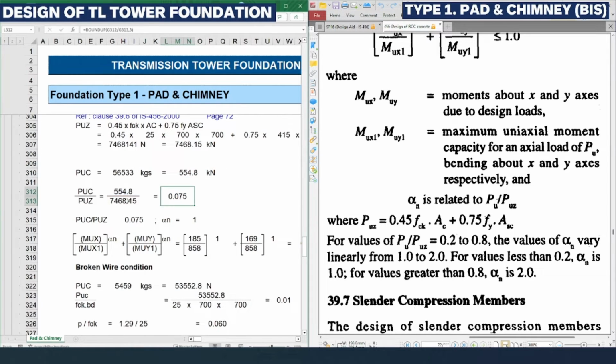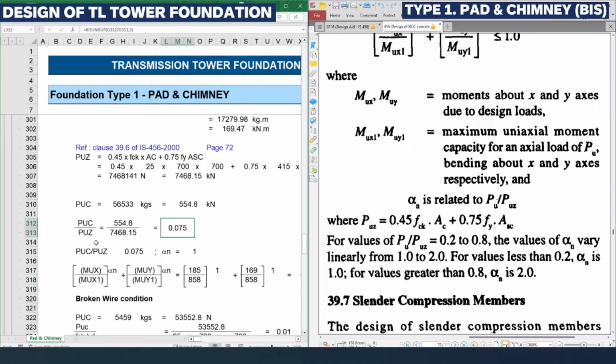Then we divide this PUC by PUZ as per the equation given in the right hand side PDF file of IS 456 2000. The value is 0.075, which is less than 0.2.